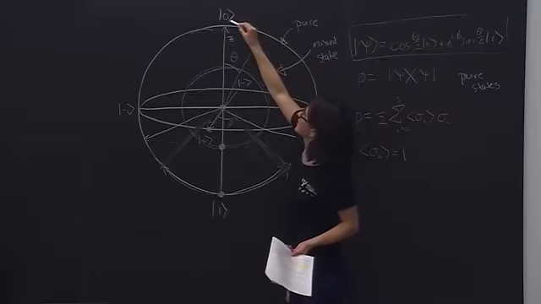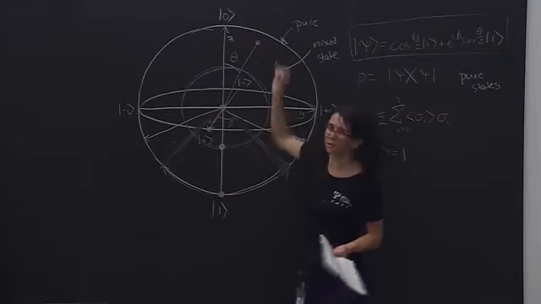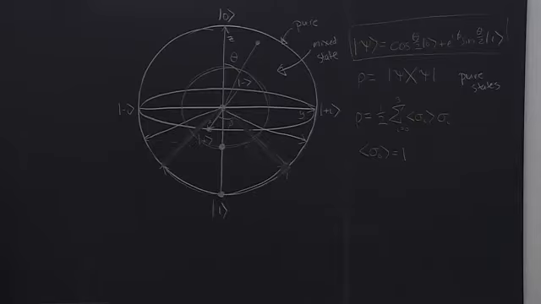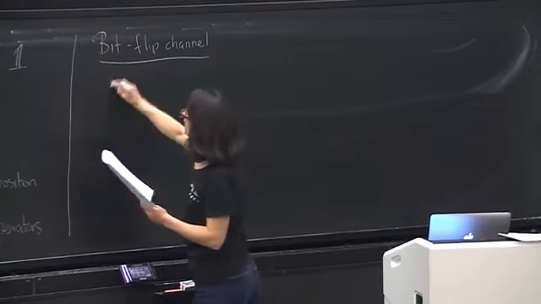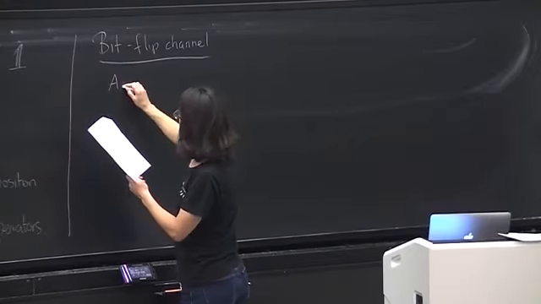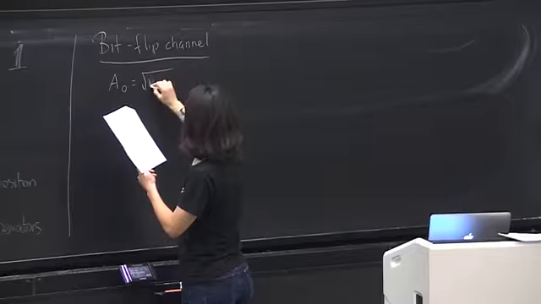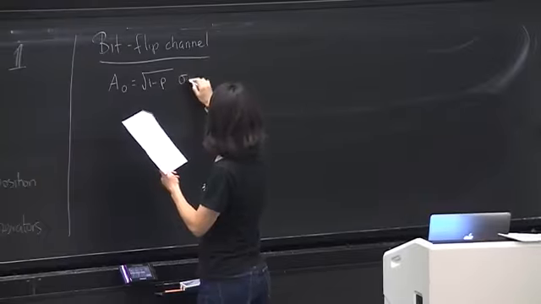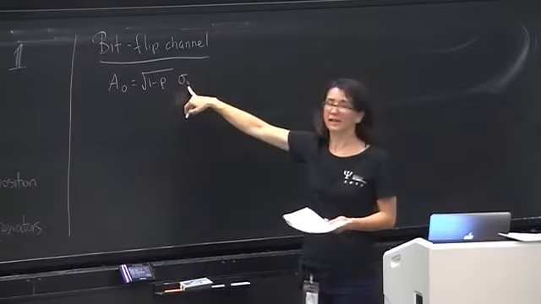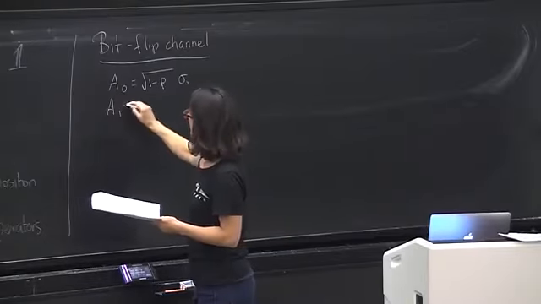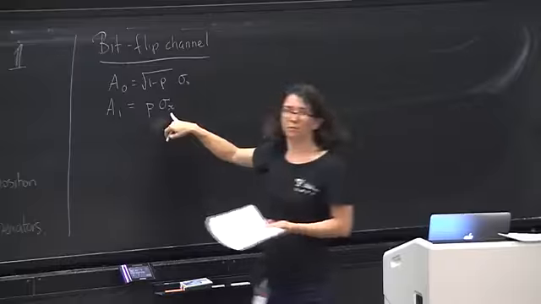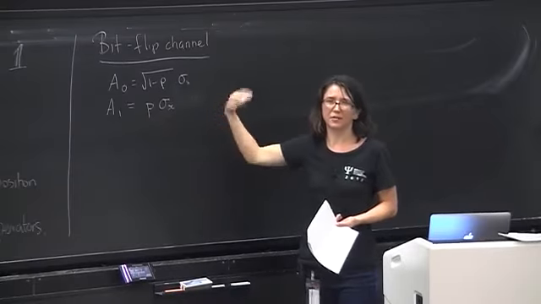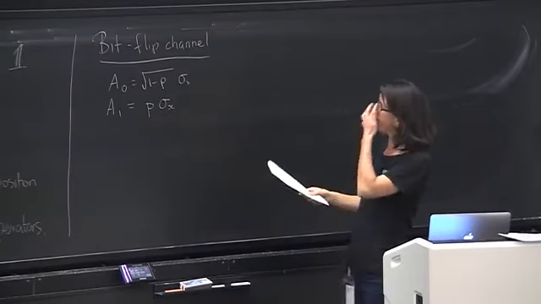It takes a 0 to a 1 and a 1 to a 0. We can model that by applying the sigma x operator to the state. The Kraus operators for a bit flip channel are square root of 1 minus p times the identity, doing nothing, or with probability p applying the sigma x operator, which flips a bit, taking a 0 to a 1 or a 1 to a 0.